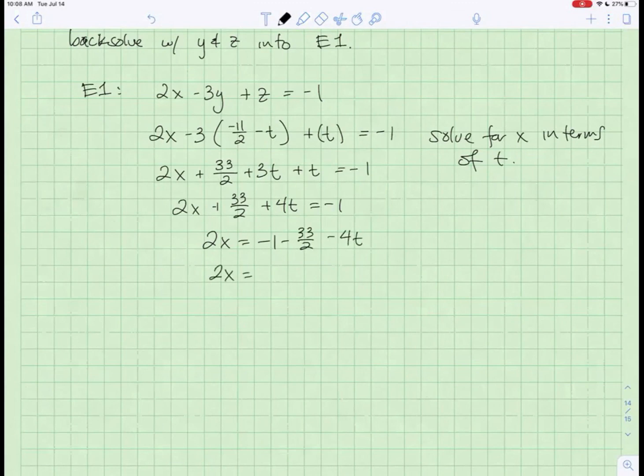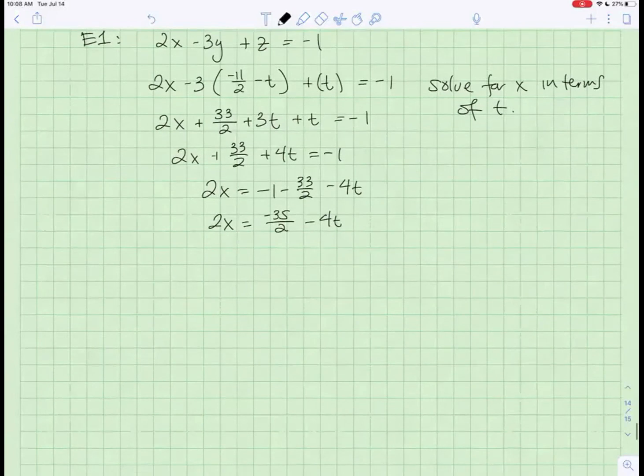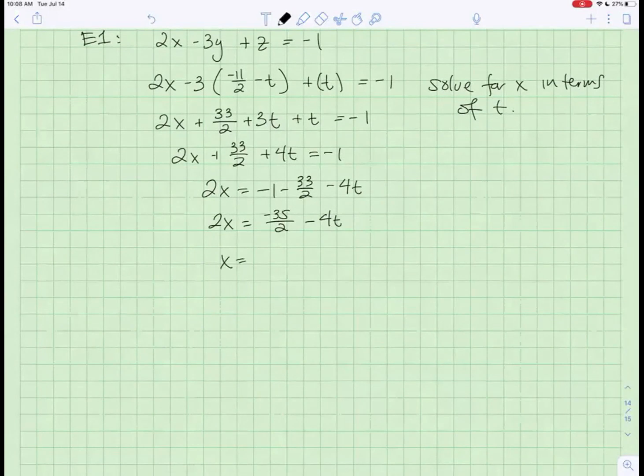So 2x is equal to negative 35 over 2 minus 4t, or x is equal to negative 35 over 4 minus 2t. And I feel like I made an arithmetic mistake in there somewhere, but that's okay. Oh, no, we're good. It looks good.